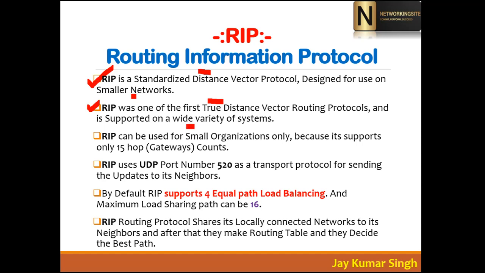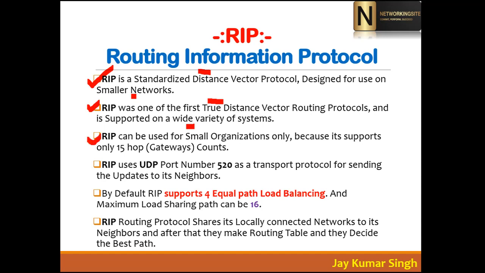It used to support a wide variety of systems, meaning it is open standard and can be used on any kind of routing device. It's not proprietary like EIGRP. EIGRP is a Cisco proprietary protocol, but RIP is an open standard protocol.